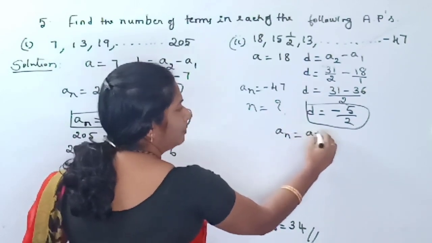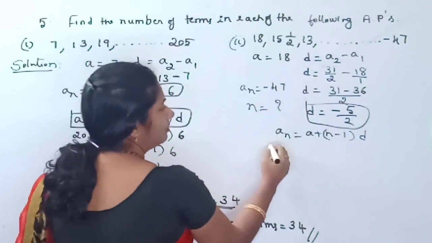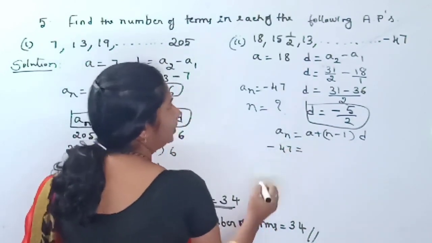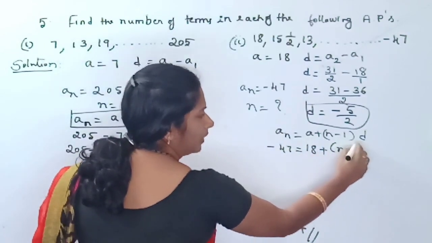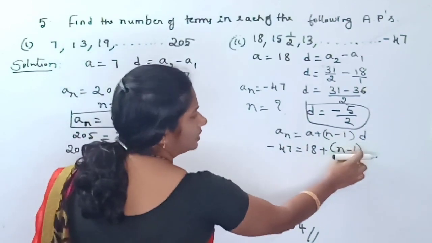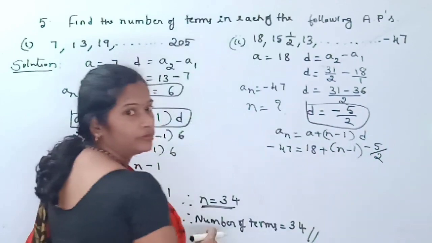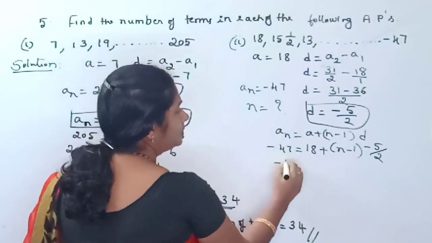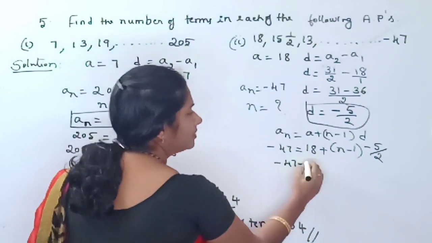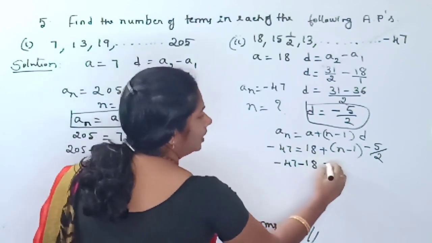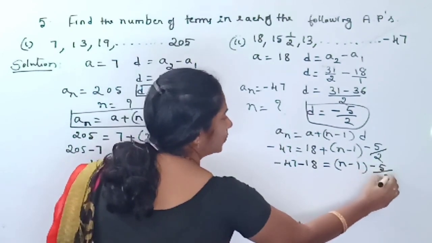An is equal to A plus N minus 1 into D. An value is minus 47 equal to the A value, 18, plus N minus 1 into D. The D value is minus 5 by 2. Let us simplify. Minus 47, this 18 I'll transpose to the left hand side. It becomes minus 18 equal to N minus 1 into minus 5 by 2.